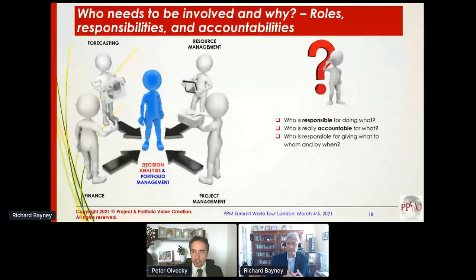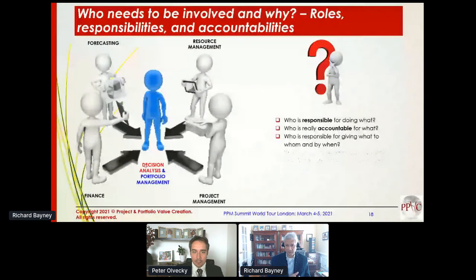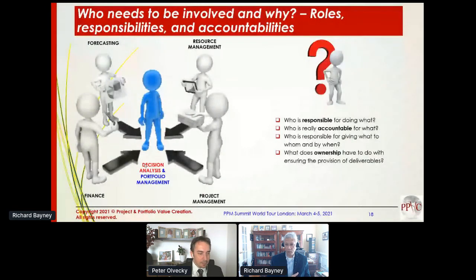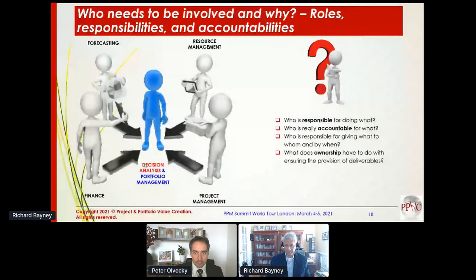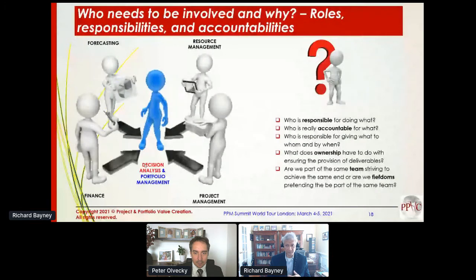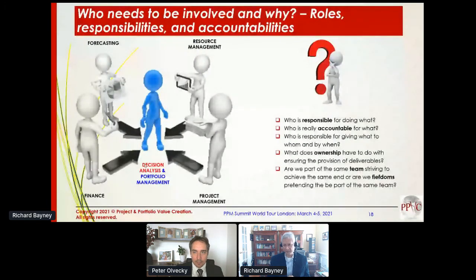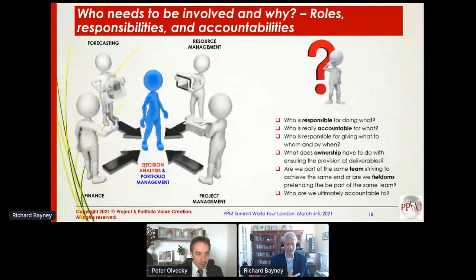Then who is responsible for giving what to whom and by when? What does ownership have to do with ensuring the provision of deliverables? Next question, are we part of the same team, striving to achieve the same end? Or are we fiefdoms pretending to be part of the same team? And lastly, who are we ultimately accountable to?